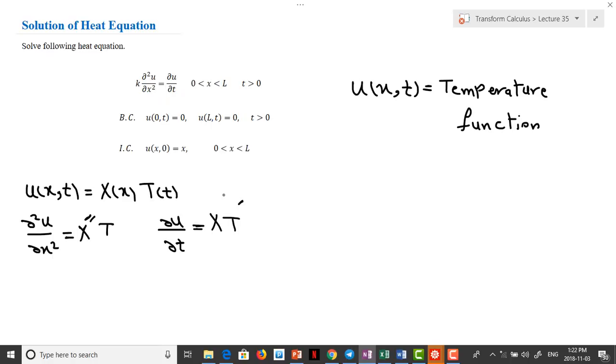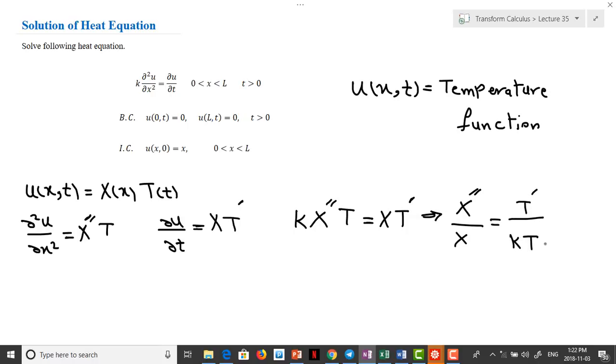If I plug it in the partial differential equation, we will have k times second derivative of u with respect to x, which we found is equal to X double prime times T. It is equal to derivative of u with respect to t, which is X times T prime. As a result, X double prime divided by X is equal to T prime divided by kT.